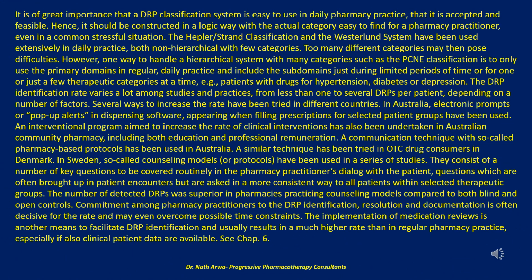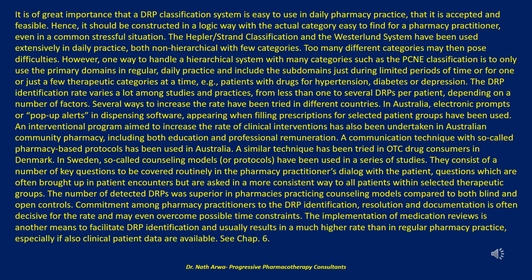It is of great importance that a drug-related problem classification system is easy to use in daily pharmacy practice, that it is accepted and feasible. Hence, it should be constructed in a logical way with the actual category easy to find for a pharmacy practitioner, even in a common stressful situation. The Hepler, Strand classification and the Westerlund system have been used extensively in daily practice, both non-hierarchical with few categories.